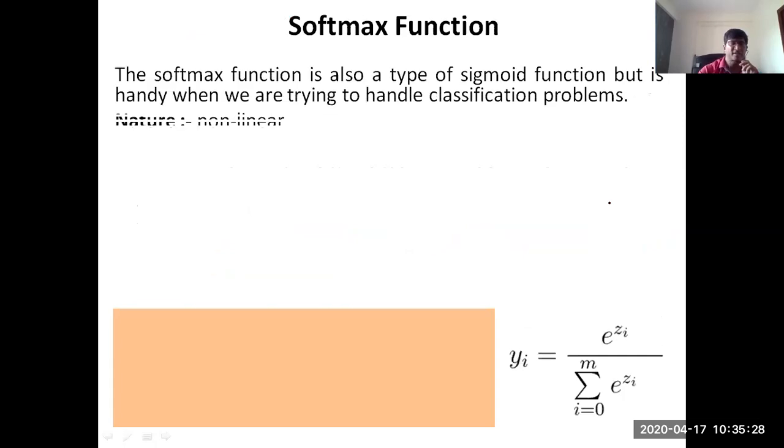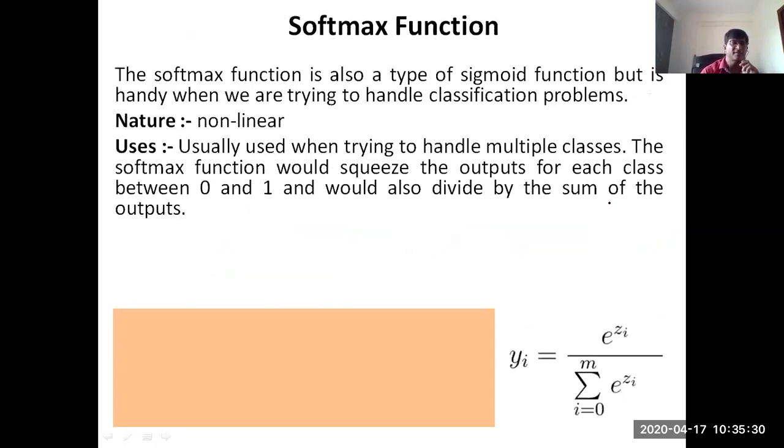Another variation, as I told you in the starting, is the softmax function, which is a variation of the logistic function. The softmax function is nothing but a type of sigmoid function, but it is handy when we are trying to handle classification problems. The nature of the softmax function is also non-linear.